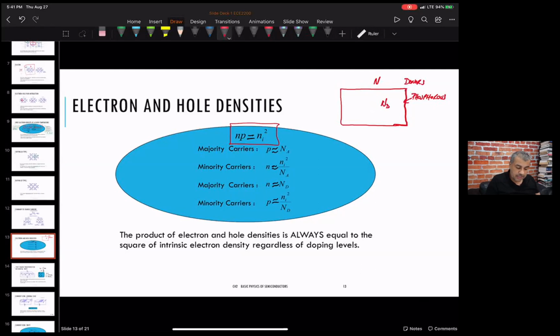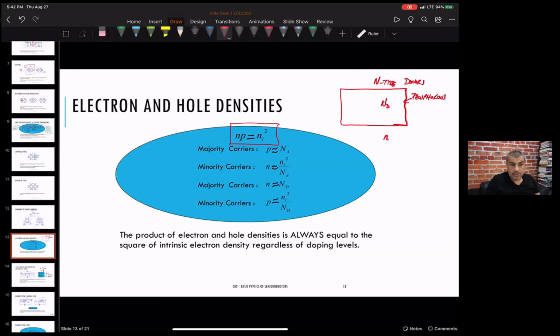If you have this N-type material, it's a piece of semiconductor that has donors implanted in there. These are just sort of definitions. So we call that N-type.